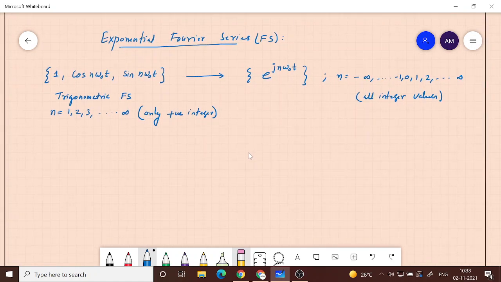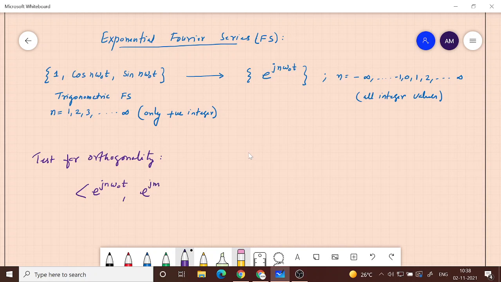Now we can show all that we did earlier. First of all, test for orthogonality. That means you take any two functions in the set, say e raised to j n omega 0 t and e raised to j m omega 0 t.